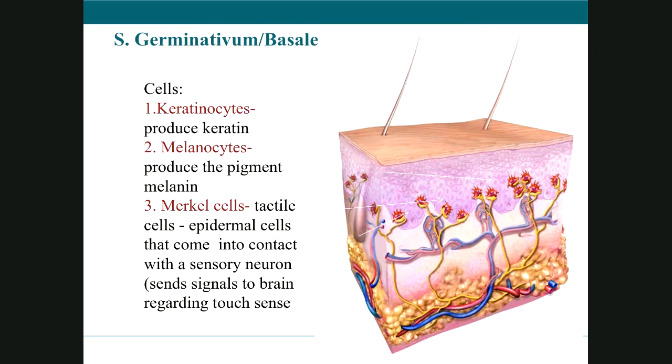The stratum basale has the keratinocytes, with continuous production of these cells, has the melanocytes, which produce melanin, and also has many tactile epithelium, which makes it very sensitive to touch. You can see how this stratum basale is directly connected to the dermis through these capillary loops. It's very vascular, and the epidermis is avascular.